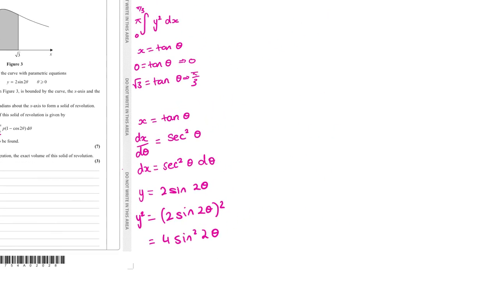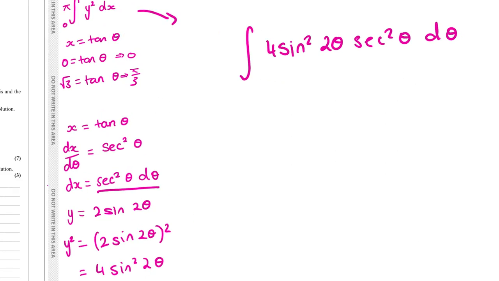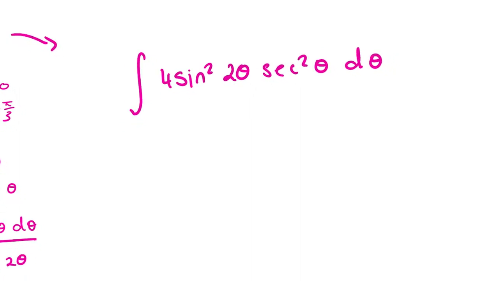So now I can rewrite this as the integral of 4 sine squared 2 theta multiplied by dx. But what is dx? Sec squared theta d theta. Okay, it wants it in the form p1 minus cos 2 theta. Okay, so let's figure out what's happening here then. I get the integral of, what is sine squared 2 theta?